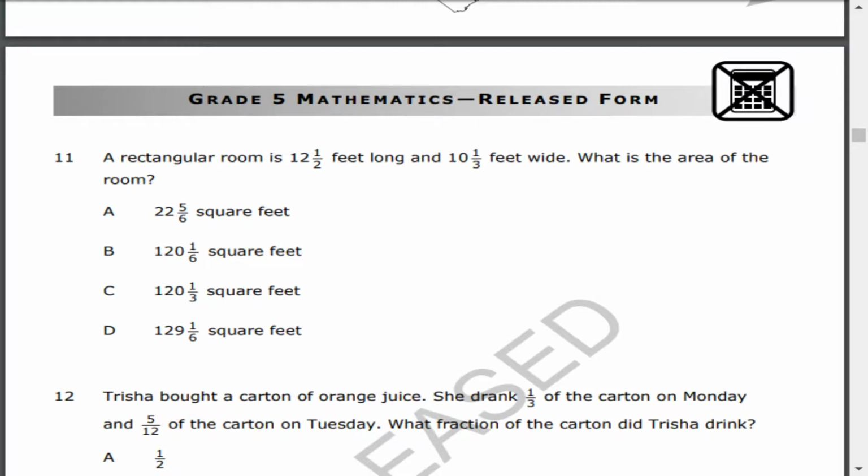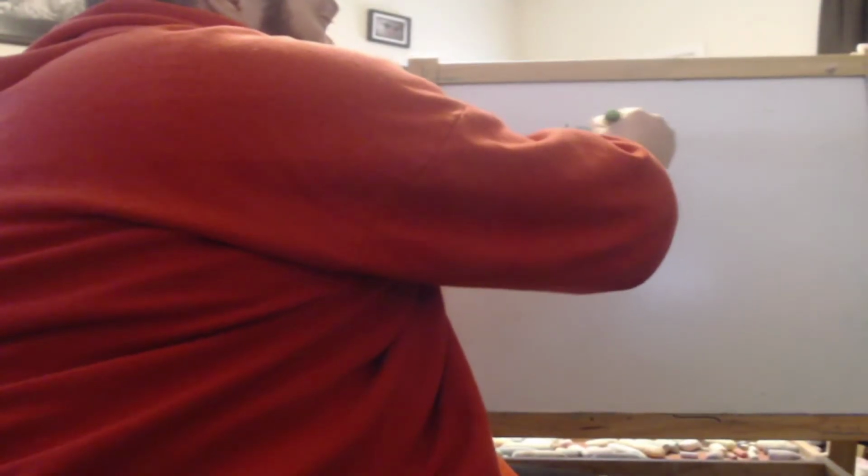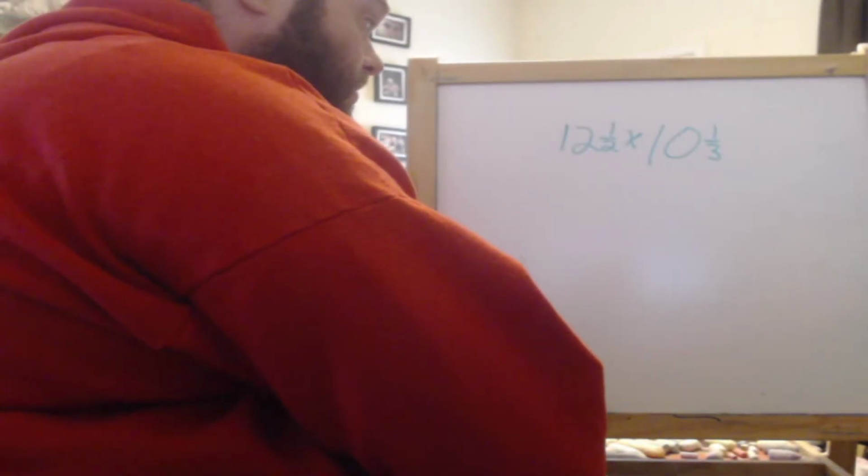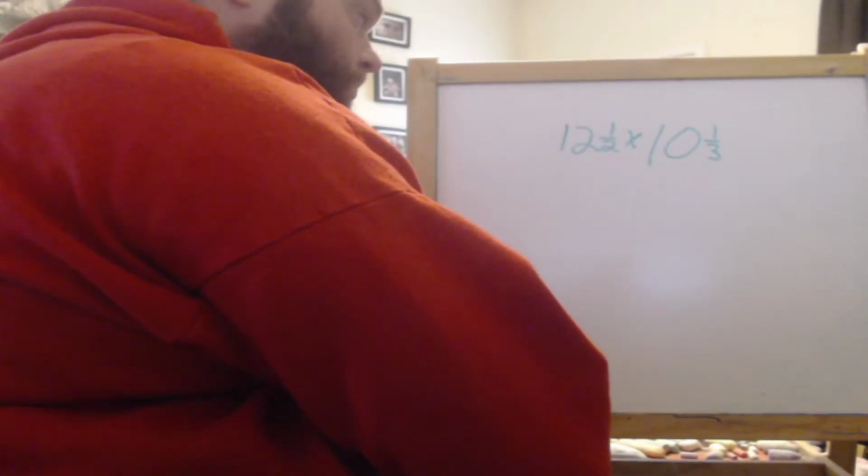Everyone should know, you have to make sure to memorize this, but area equals length times width. So we just have to multiply 12 and a half times 10 and 1/3. There are two simple ways to do this that I know of.